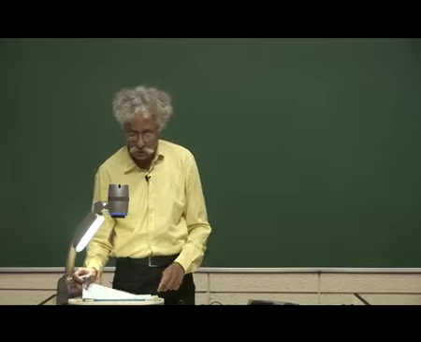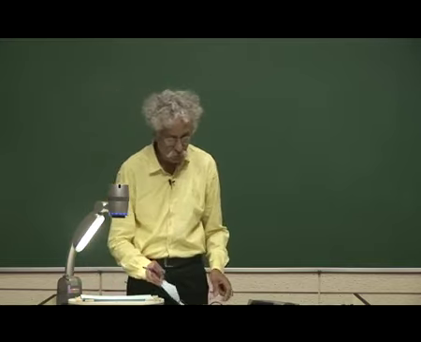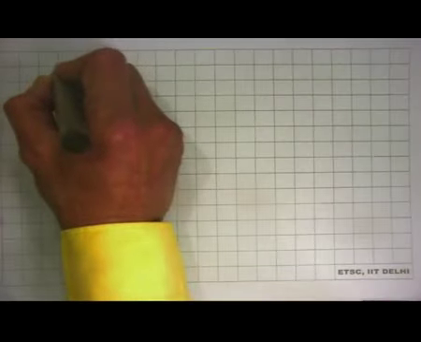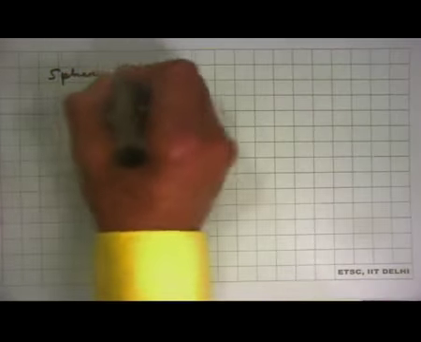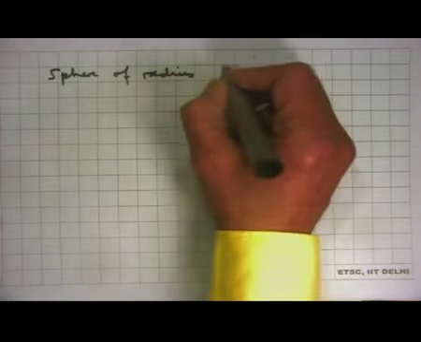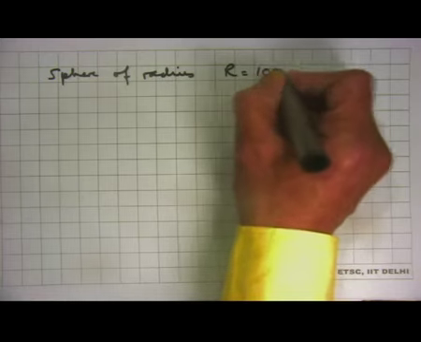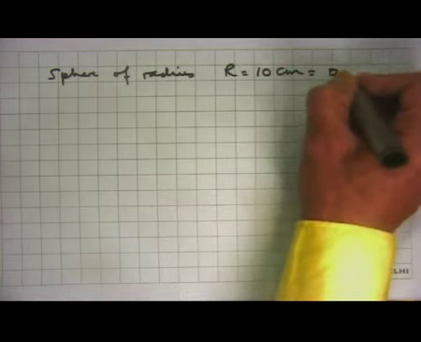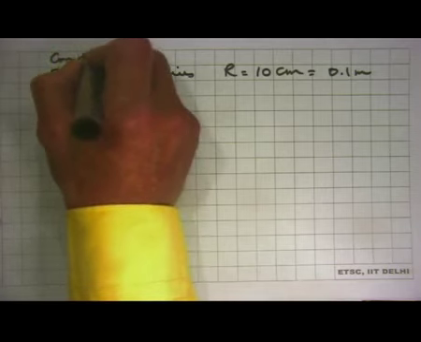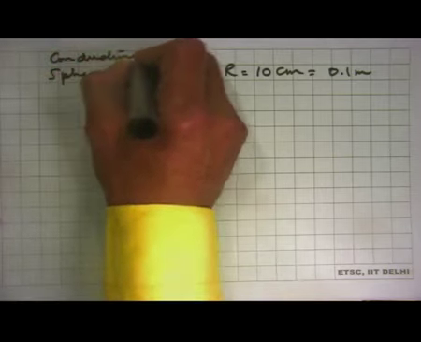So, let me calculate some numbers here. Let me put some actual values and calculate. Let me take a sphere of radius r equal to 10 centimeter, which is 0.1 meters. So, this is a conducting sphere.